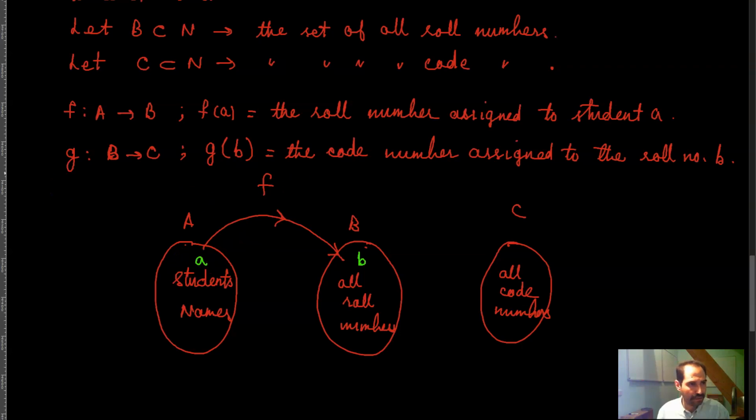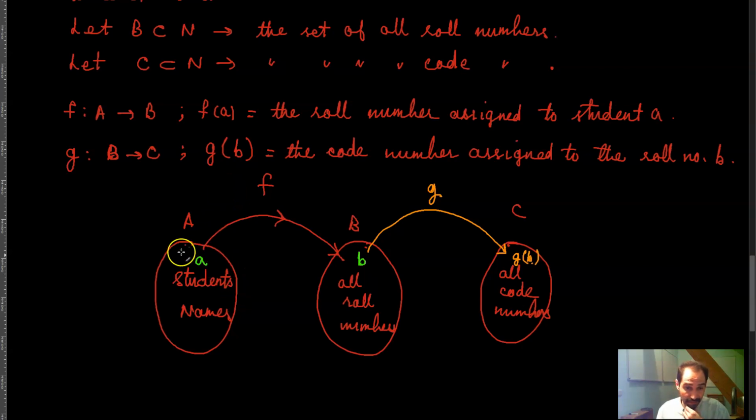And then we have another function here, g of b, which is the code number assigned to the roll number b, meaning that the roll number b is taken from here through function g. This is g of b, and the rule for function g is the code number assigned to the roll number b, right?